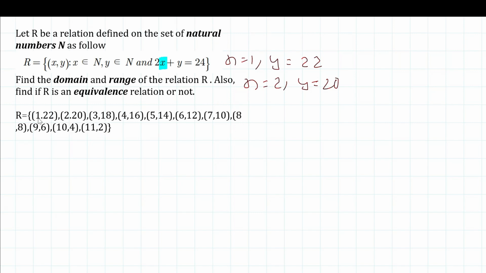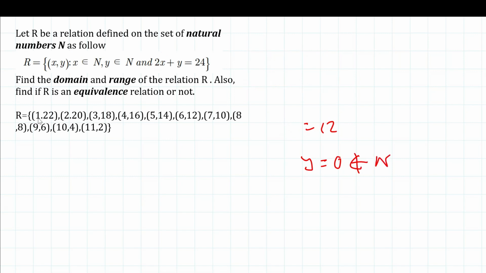Now we can place up to 11, because if I replace x with 12, what are we going to get? We are getting y as 0, and 0 does not belong to natural numbers. So this is the relation we got. Now we have the relation, and then we have to find the domain and range. The domain is the set of first numbers in the ordered pairs.